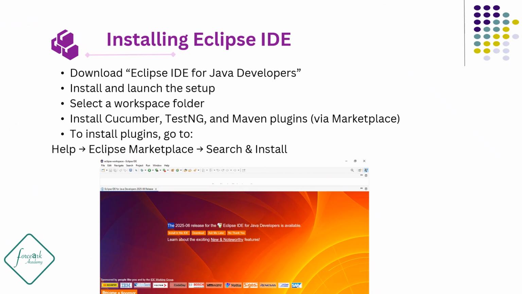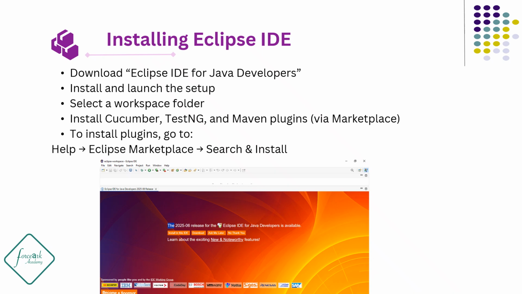So let's now walk through the installation of the Eclipse IDE, which is the backbone for your automation project development. You first need to go to the official website, eclipse.org downloads, which you can type in the Google search box, and you can get to the links. After going to the links, choose the package Eclipse IDE for Java Developers.